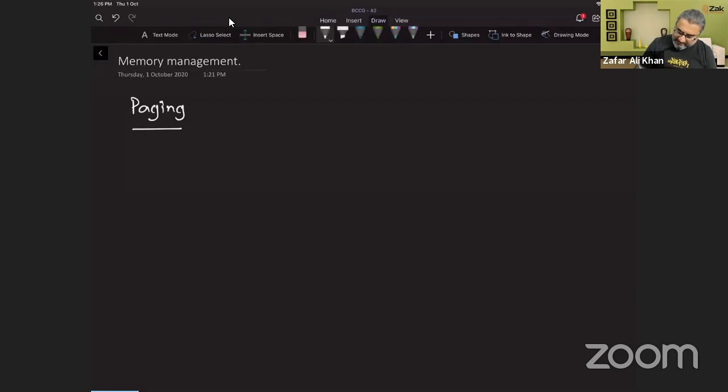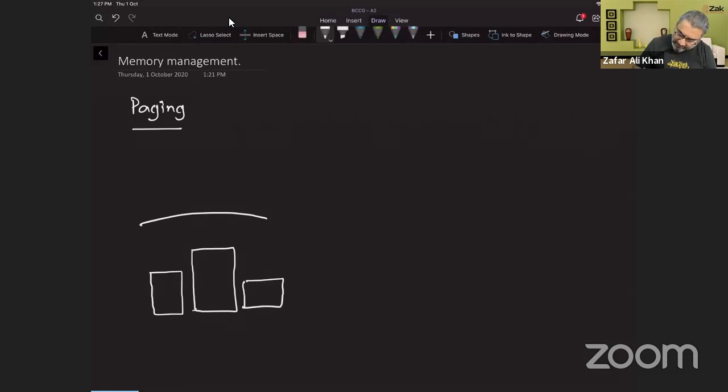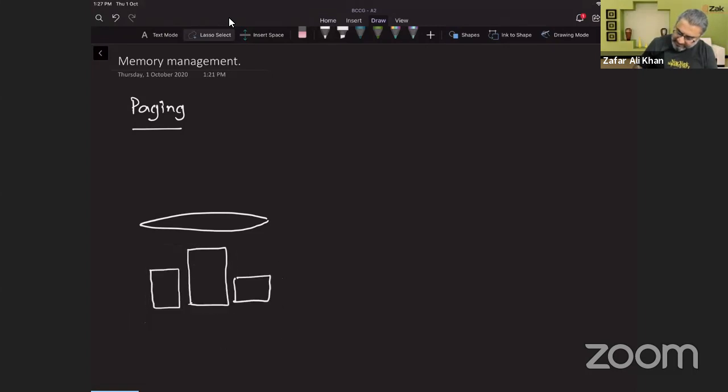Now what basically happens, let's say we have got three programs: Program A, program B, and program C. They all are basically stored in a disk storage.